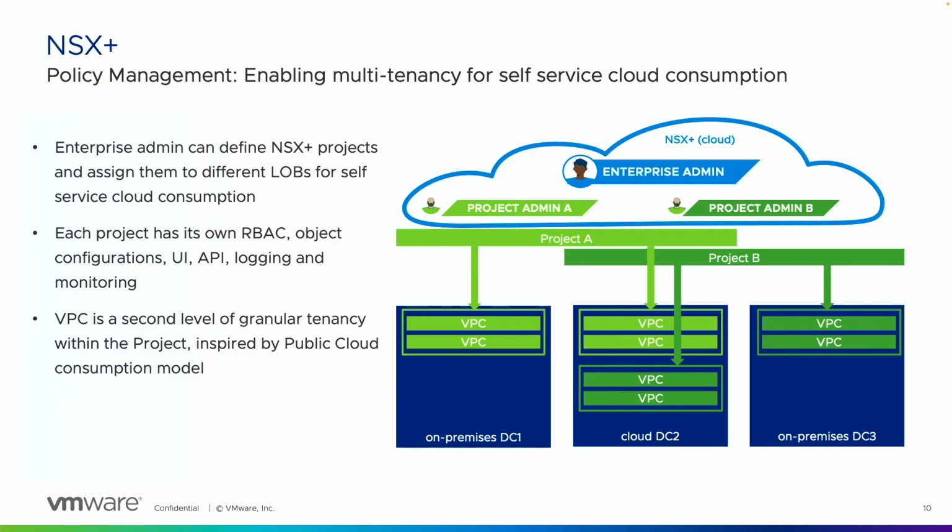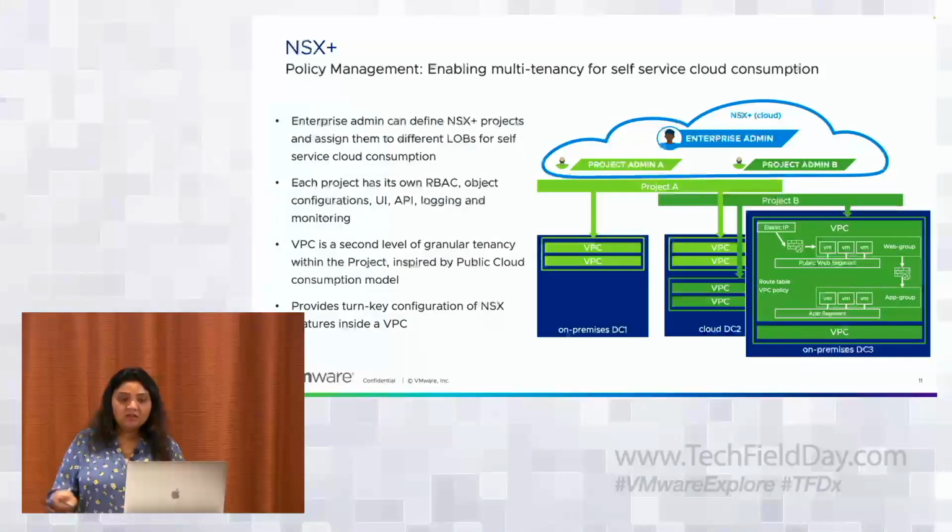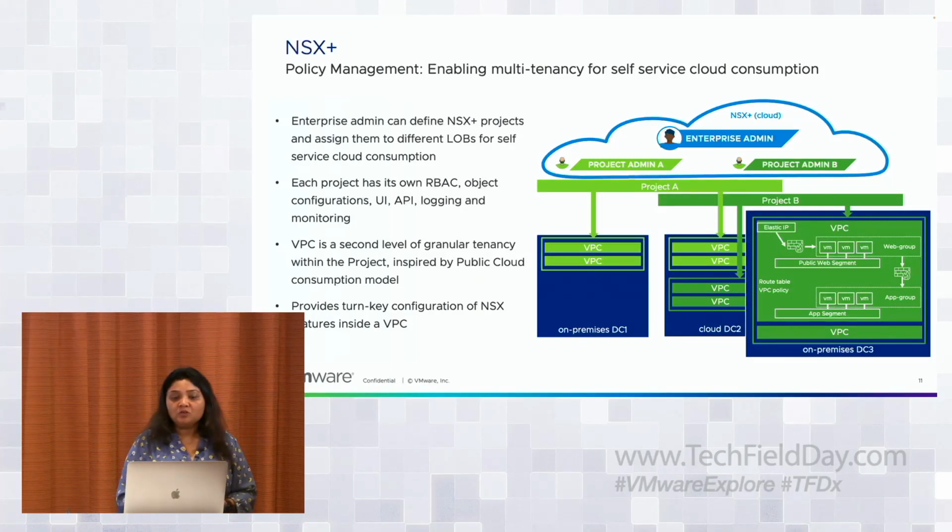So we're very proud to announce the NSX VPC, inspired by the public cloud model, which is, again, a granular tenancy model within the project. It provides a turnkey configuration of the NSX features inside the VPC. If you see inside, it's very similar to the public cloud model. You have an elastic IP, you have a web segment, so everything is NATed going out, and then you have the VPC policies running. So I'm going to hand it over to Andrew here to do a quick VPC demo.